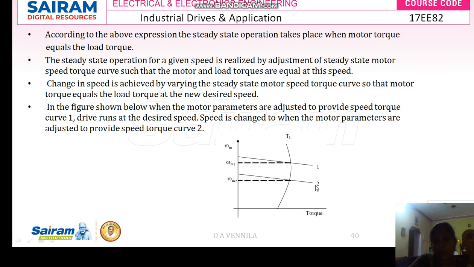In order to get the speed torque curve omega m2, that is curve 2, the speed is changed when the motor parameters are adjusted to provide speed torque curve 2. So by varying the motor torque curve we get two different speed versus torque curves.